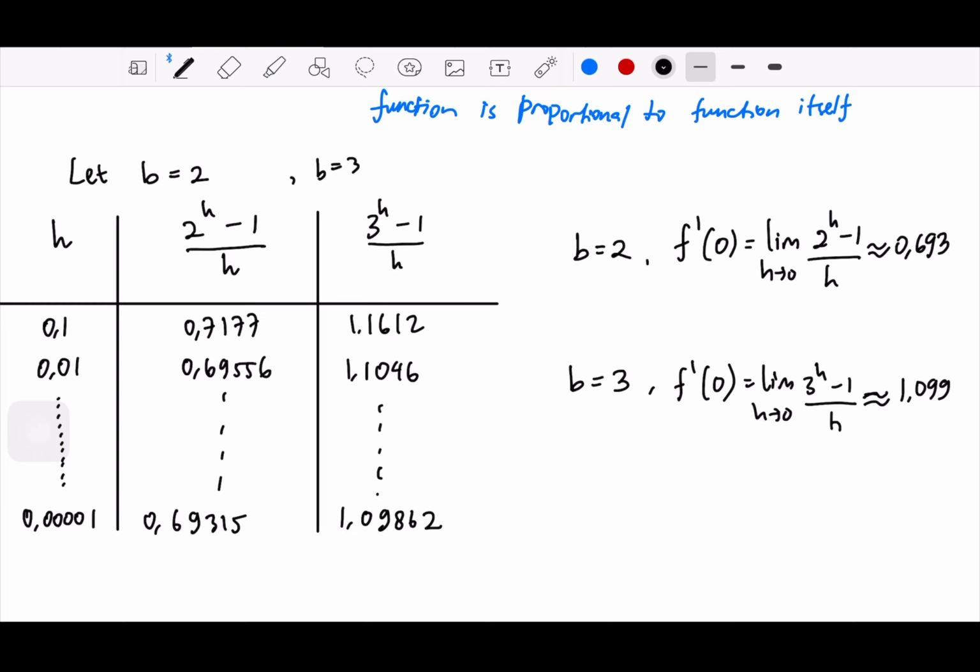So between 2 and 3, there exists a result that is equal to 1. It should have some b that gives 1, right? That is when b is equal to 2.7 something, right?